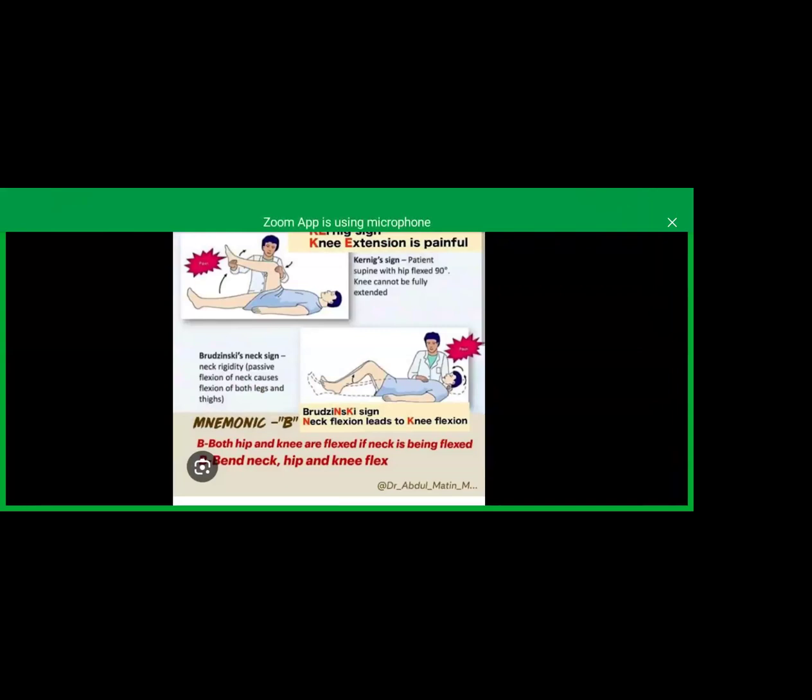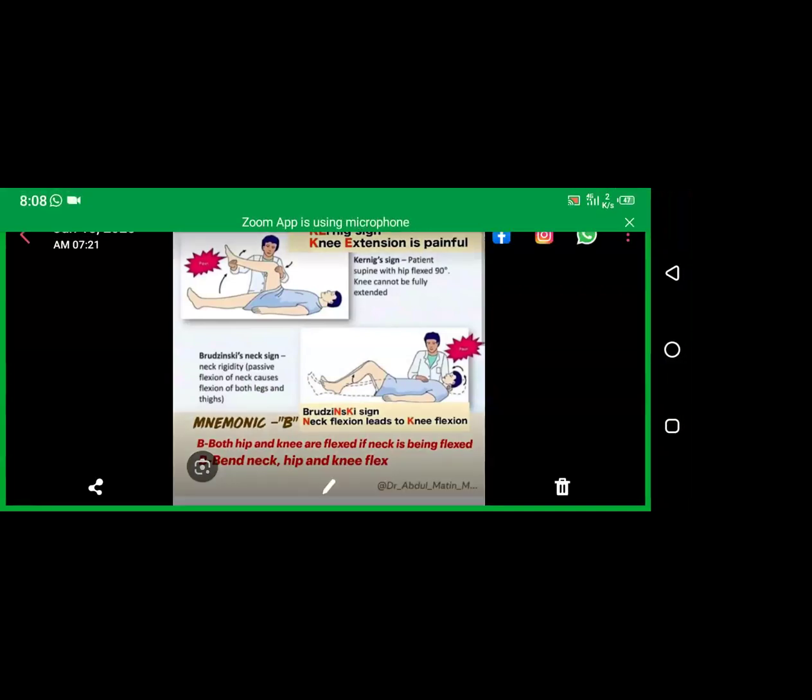So this man, as we have seen in the first image here, the health personnel is trying to flex. First of all, he has flexed at the thigh. You can see that the left lower limb is straight, but he has flexed the right lower limb at the thigh.